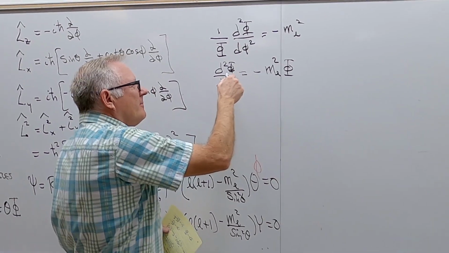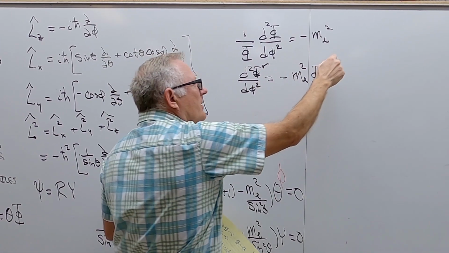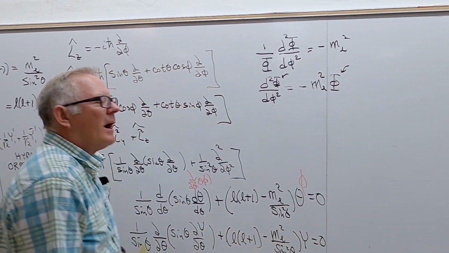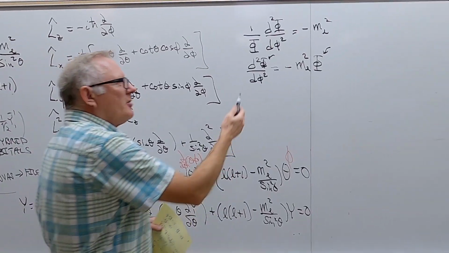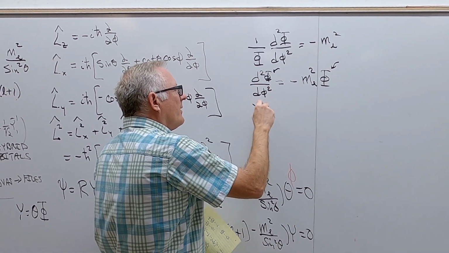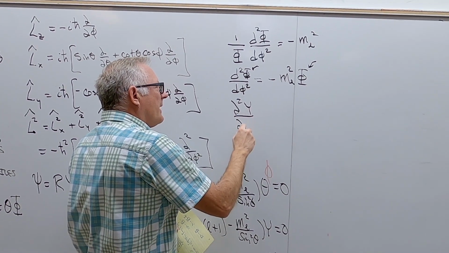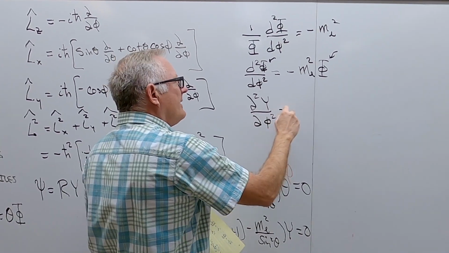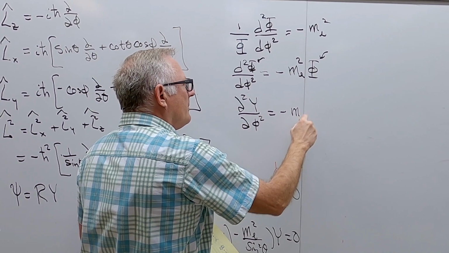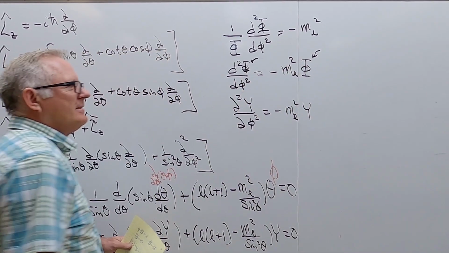If we put the theta in both places, then they become y's also, except the derivatives have to be partial derivatives. So the second derivative of y with respect to phi squared is equal to minus m sub L squared y.